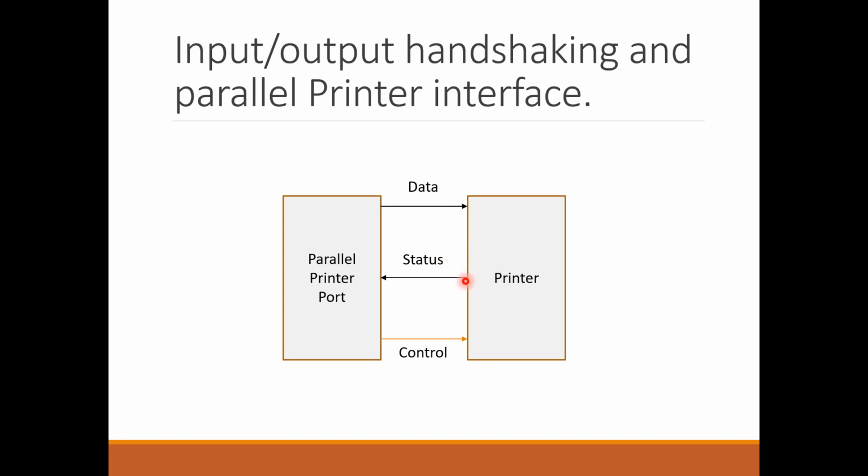So through this status, the printer is going to send a signal to the microprocessor to let it know whether the printer is ready or not. If it is ready, the data is going to be sent to the printer through the data lines whenever the control signal is active. But if it's not ready, this data can't be sent.